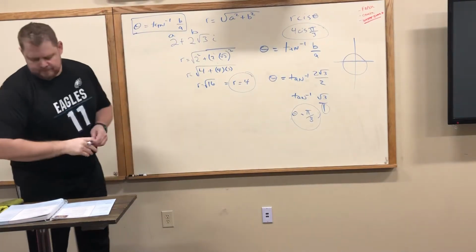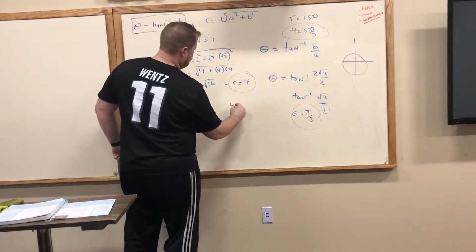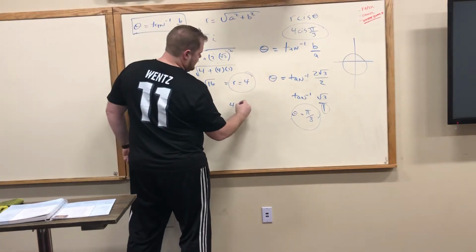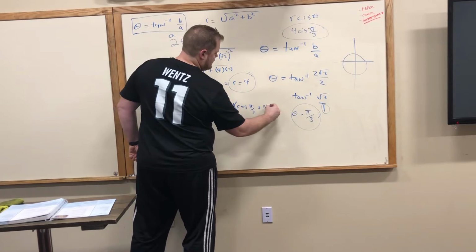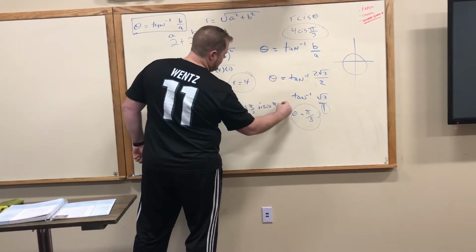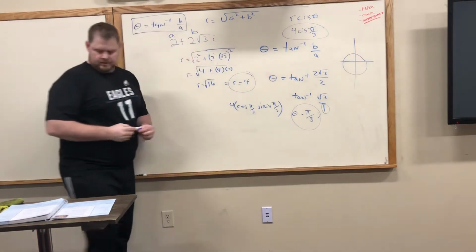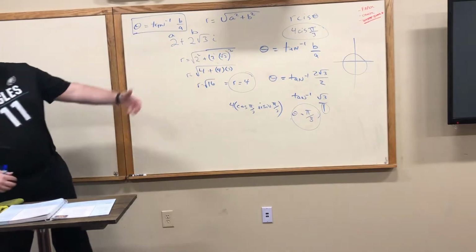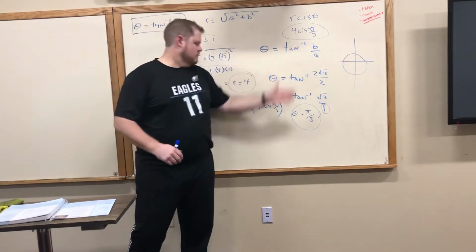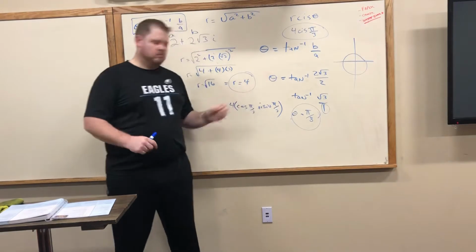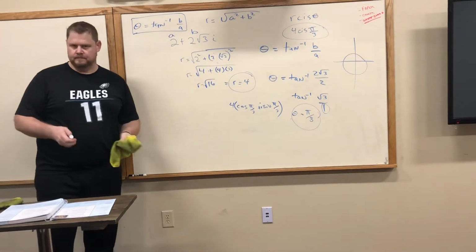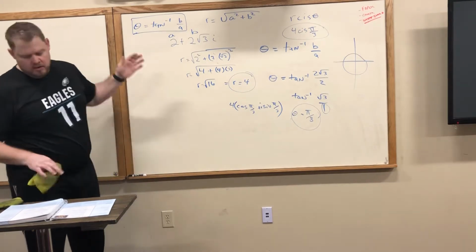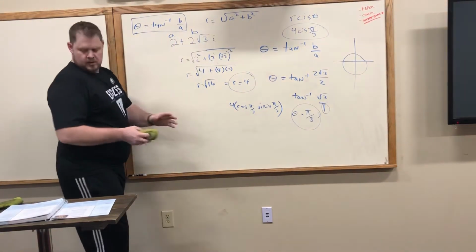Another way to write it in polar form is 4 cosine pi over 3 plus i sine pi over 3. And there's your answer. So you have two options. The final answer is this one. You can skip it if you know you have those two. All right? Any questions? All right, so that's how you go from rectangular form to polar form.